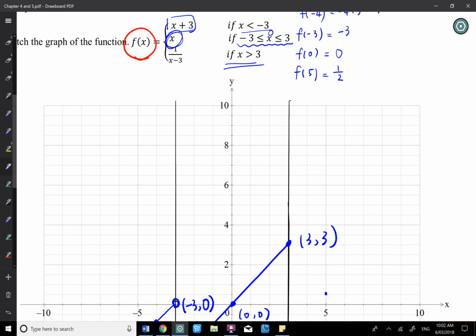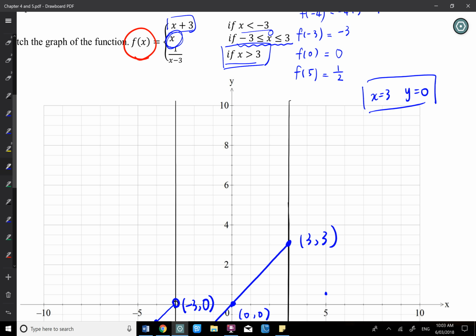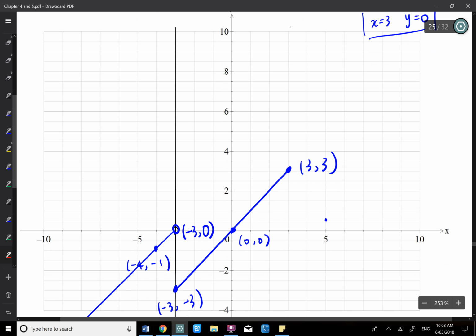Okay, the last one is a hyperbola graph. What are the two asymptotes actually for this graph? I can see that's a hyperbola graph, but what are the asymptotes? x equals to 3 and y equals to 0. Can you see that's why the domain doesn't include 3? Because you can't take 3 anyway. It must be R except 3. So I will get rid of this black line, but instead I will draw the asymptotes.